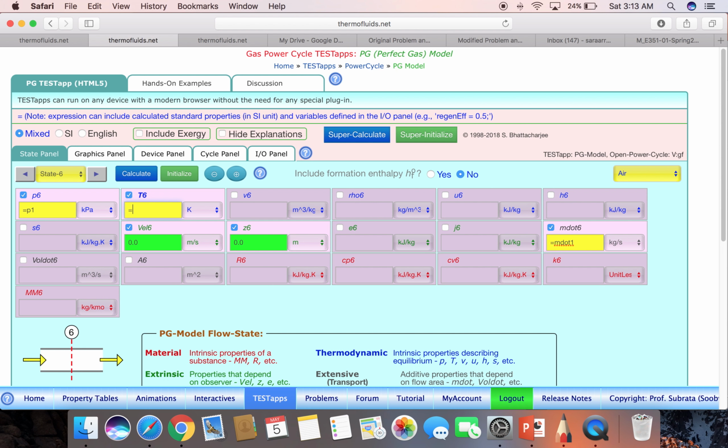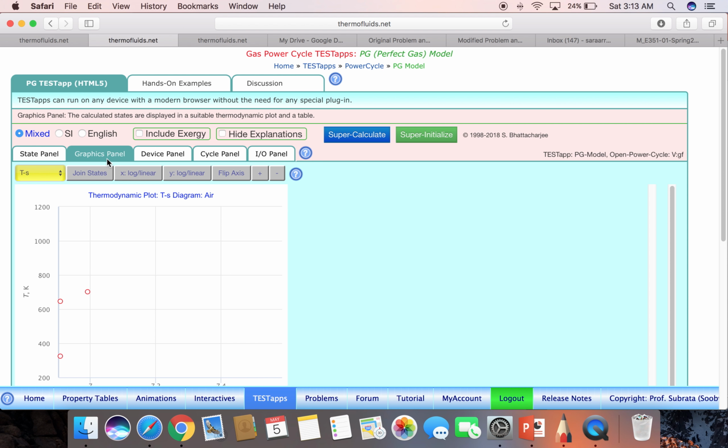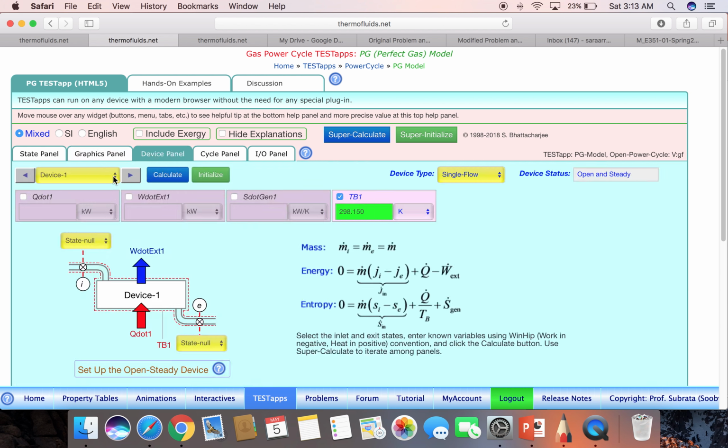T6 is going to equal T4 minus 0.8 multiplied by T4 minus T5. We calculate that. Now we have our state 6, and we go to our graphics panel, and this is the exact same TS diagram that I drew up. Now we go to our device panel, and we do the same as before, but with our actual states.